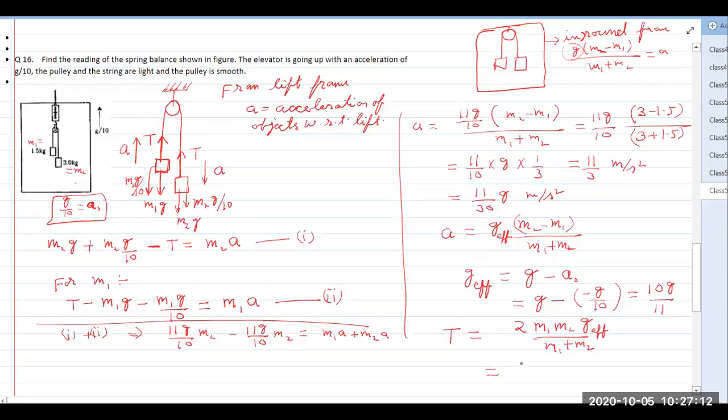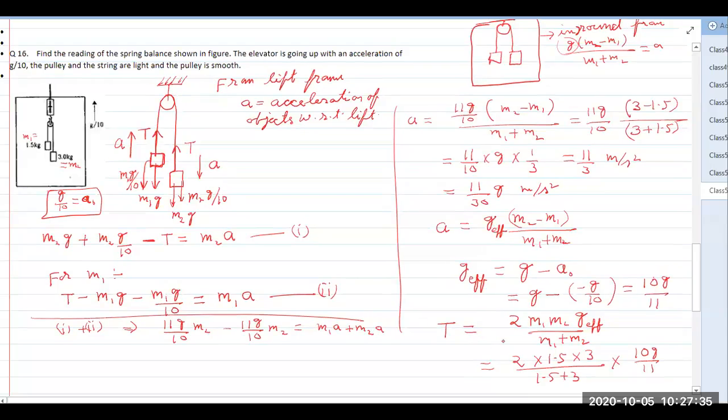So we will do 2 into 1.5 into 3 divided by 1.5 plus 3, and g effective is 10 g by 11. If you solve it, it is 20 g by 11.